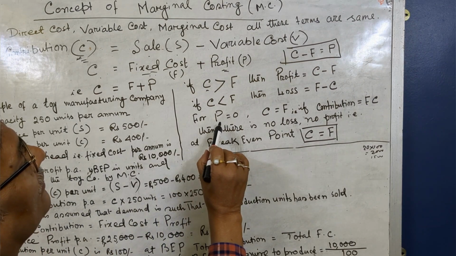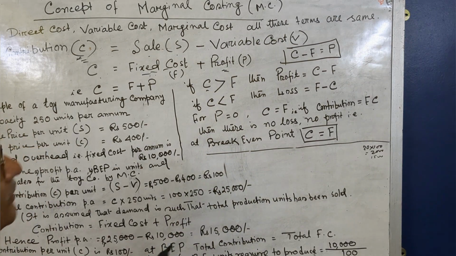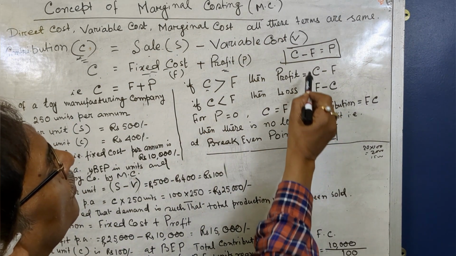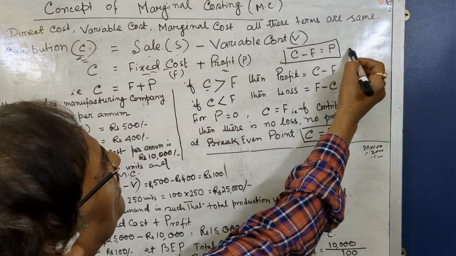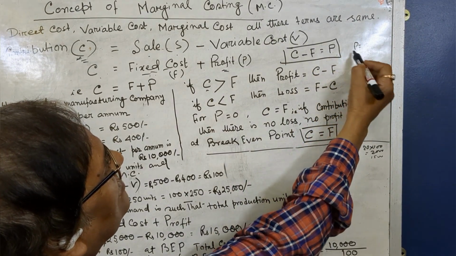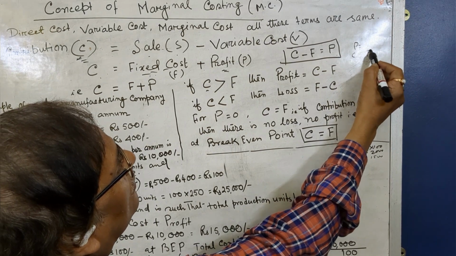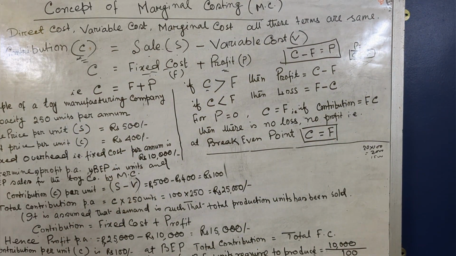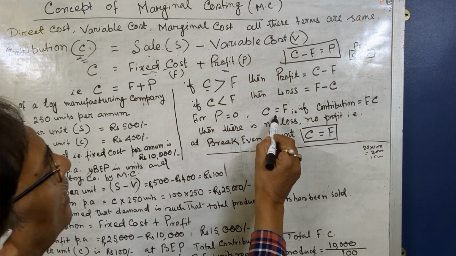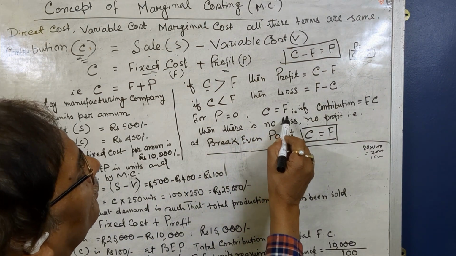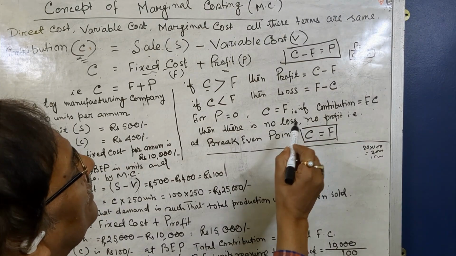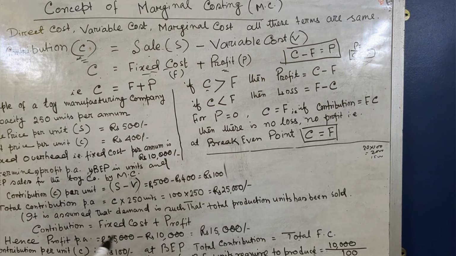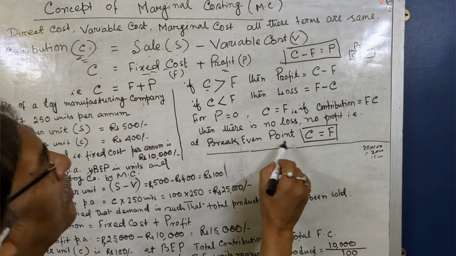You can say it will occur when C is equal to F. If profit P is equal to zero, that means C is equal to F. That is, when your total contribution is equal to fixed cost, then there is no loss, no profit, which is actually the definition of break-even point.